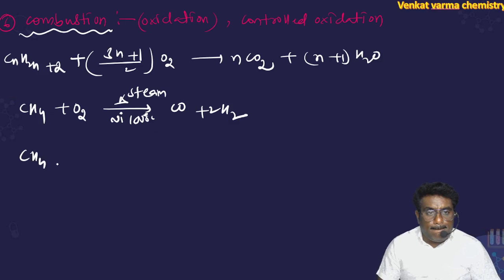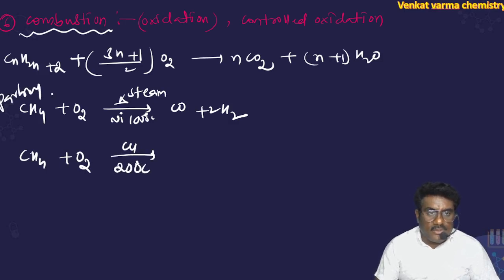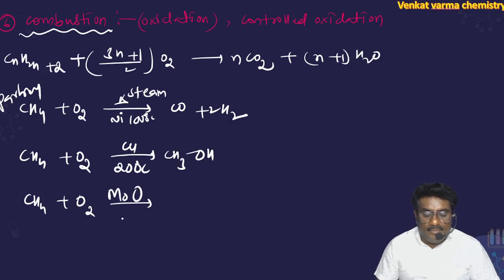Methane with oxygen and copper at 200 degrees Celsius is a partial oxidation that gives methanol, CH3OH. Again, methane in presence of molybdenum oxide at 200 degrees Celsius gives formaldehyde.